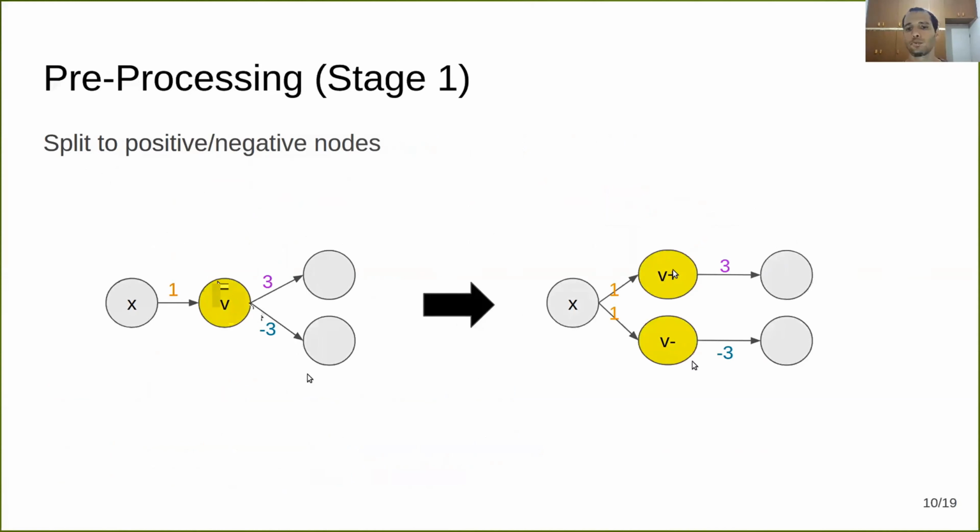And we split it into 2 nodes, V plus and V minus, with the same input edges as V. But V plus includes only the positive output edges, and V minus includes only the negative output edges. Notice that for every input, the output of this network is exactly equal to the output of the original network. So this is the first stage of the pre-processing.